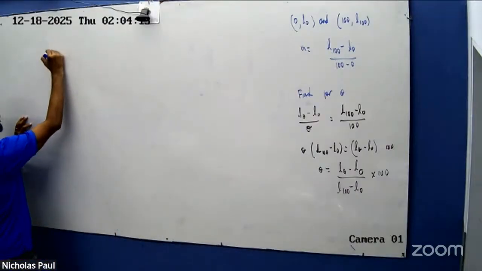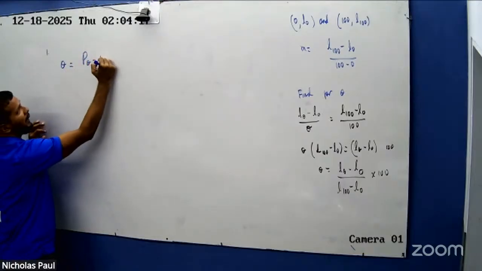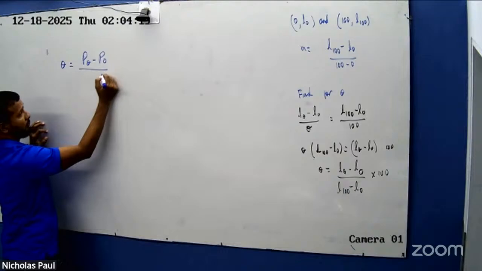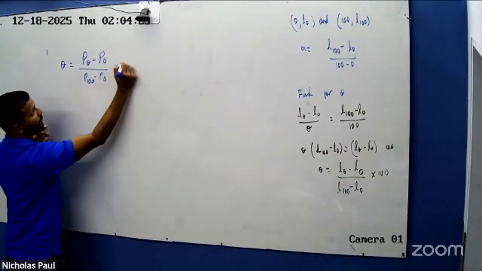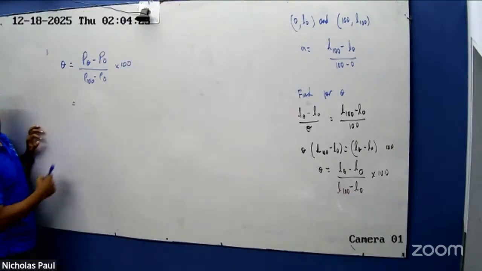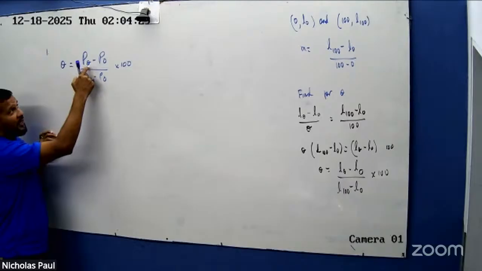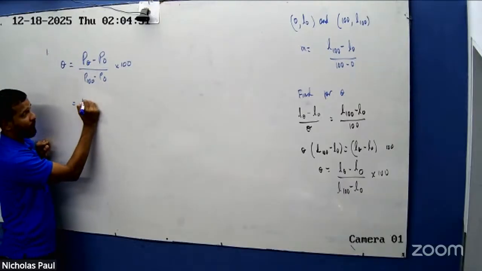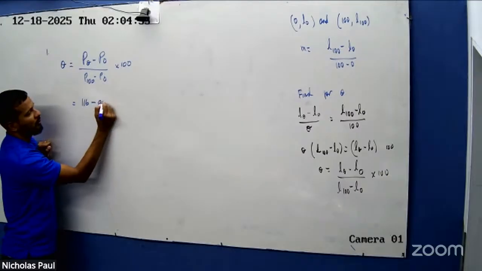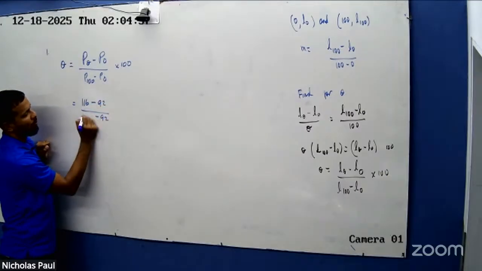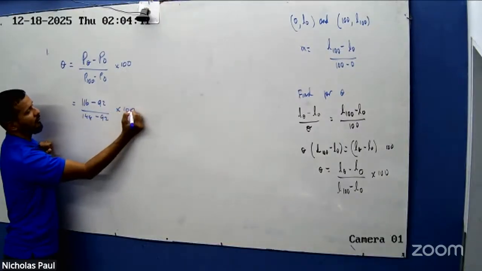What did you all get for this first one? It's P theta minus P0, over P100 minus P0. The pressure at P theta is 116, pressure at 0 is 92, and pressure at 100 is 148.